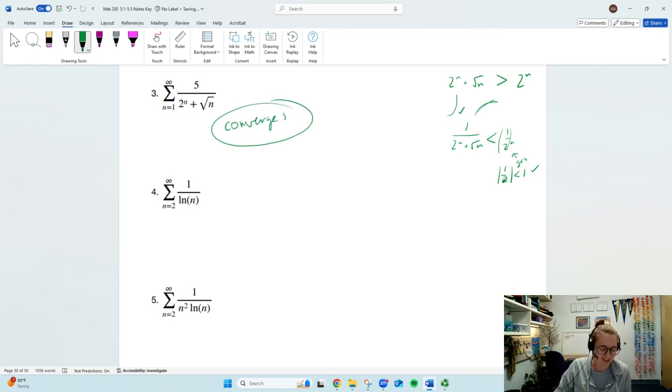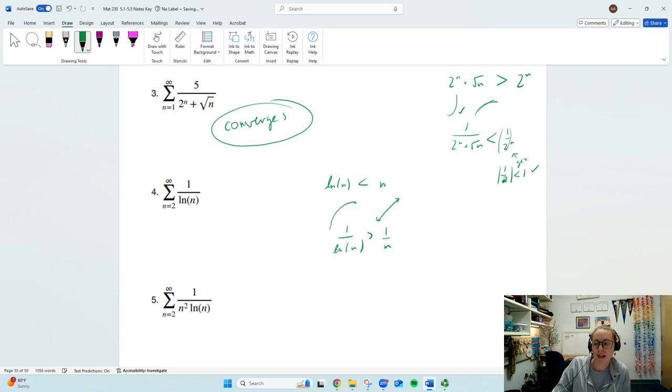Okay, this next one is actually kind of weird. So I'm going to compare my ln of n to, let's just say, n itself. ln of n kind of looks like that, and n is just linear, so n is pretty much bigger than that. But if I flip these around, it is going to be larger.